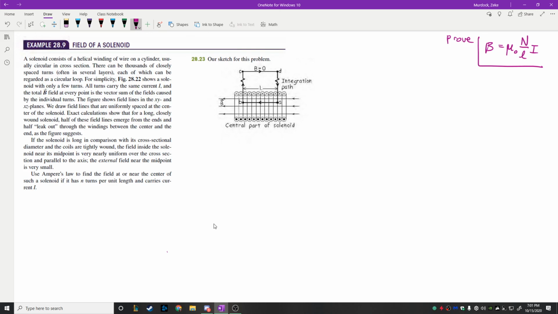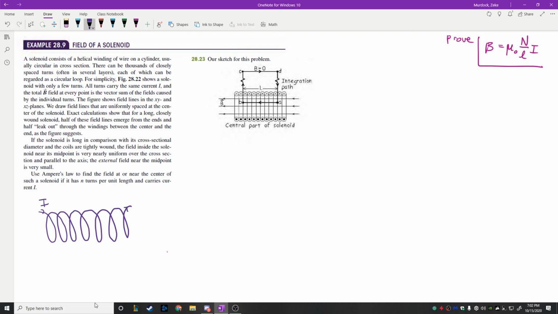Okay, so if you have a setup where you've got some coils of wire that basically are arranged like this, kind of looping around, and there's often some kind of solid core right here, but that's what a solenoid is.